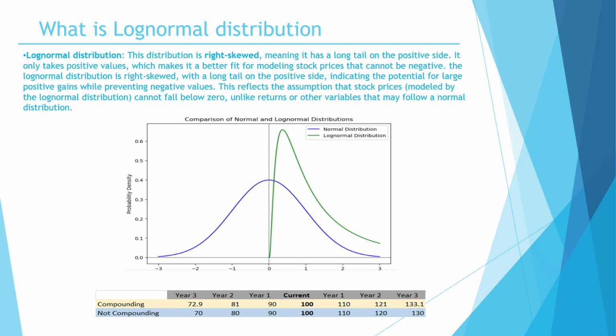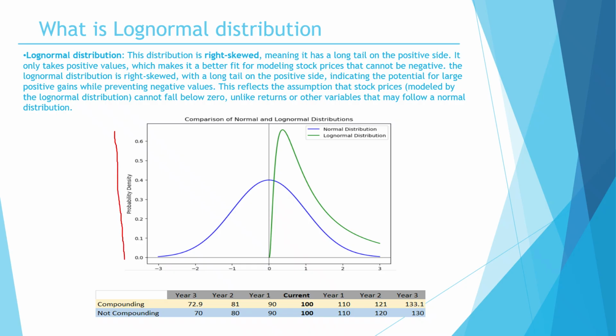So in this slide, I will explain what the log normal distribution is. Firstly, I will explain the difference between normal and log normal distribution. First, look at this histogram probability distribution.